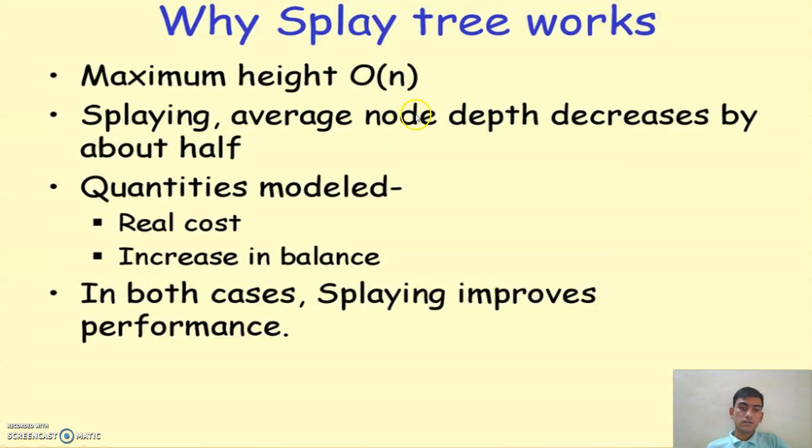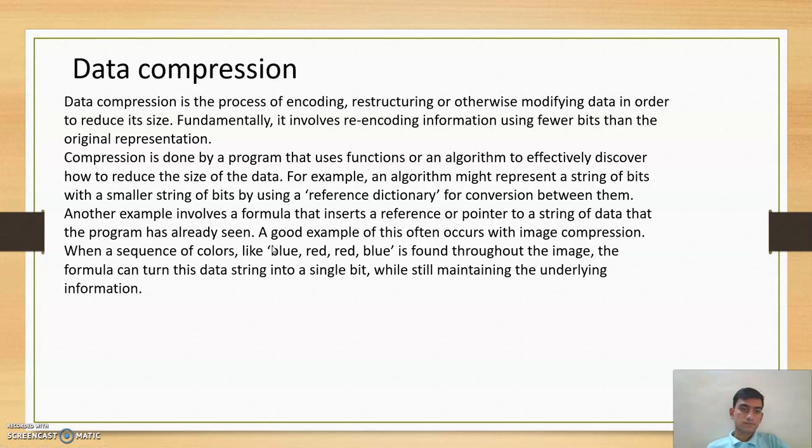So why does the splay tree work? Splay tree average node depth decreases by about half. It increases balance. It reduces the real cost. In both cases, splaying improves the performance of the code.